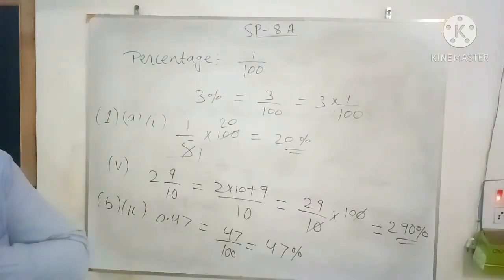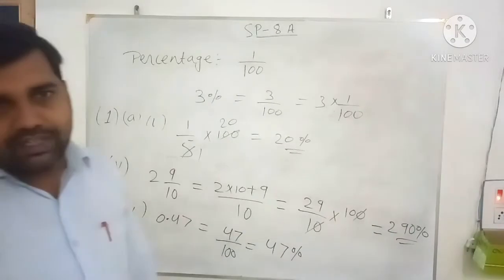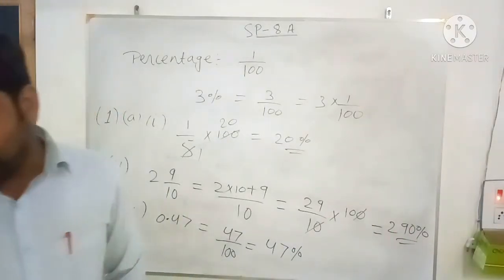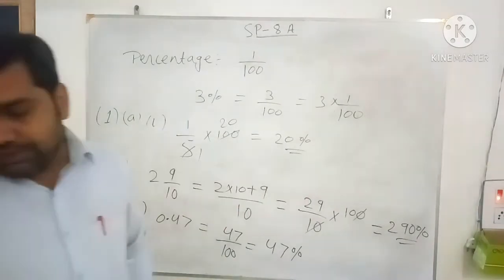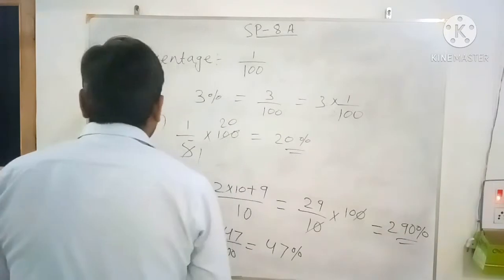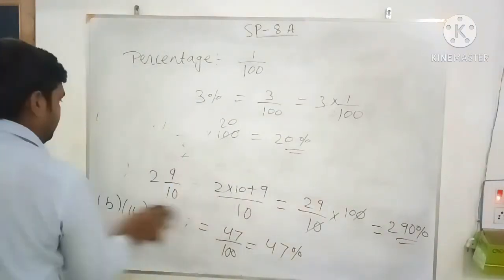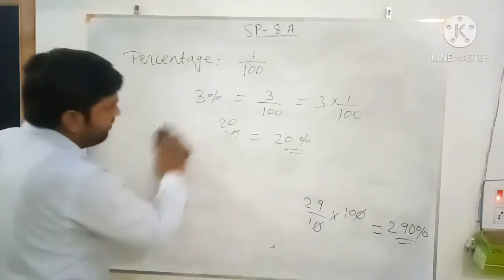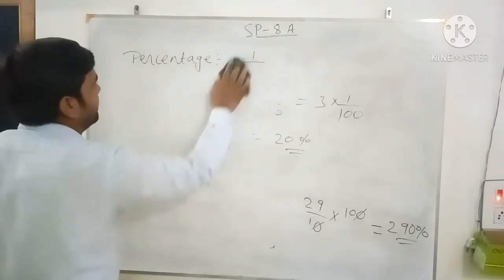Similarly, the B fifth part, 0.09, you multiply by 100, what will you get? 9%. So in a decimal, when you multiply by 100, you get the percentage.